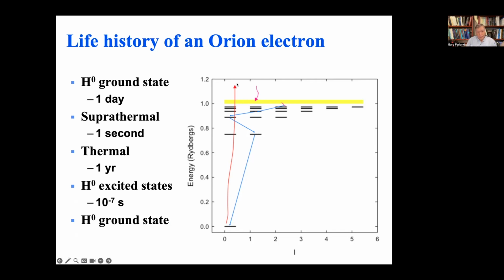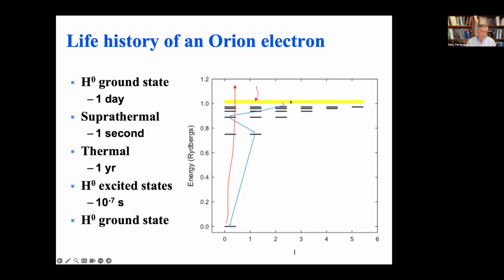If it picks up a high energy photon, 30 eV or something, make up your number, it ends up as a superthermal electron with much more energy than thermal electrons. In a timescale of about a second, it will share its energy with the other electrons. This is a very fast process, so we normally neglect the superthermals and speak only in terms of thermal electrons.